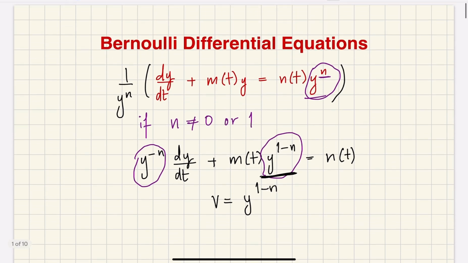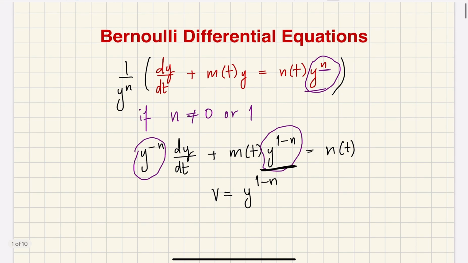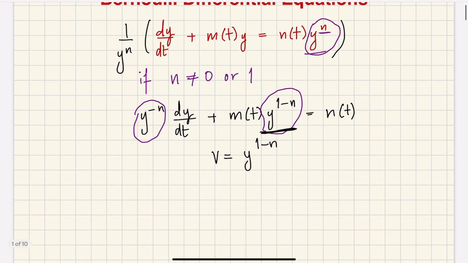So if v is equal to y to the power 1 minus n, then dv over dt is equal to 1 minus n times y to the power negative n dy over dt.